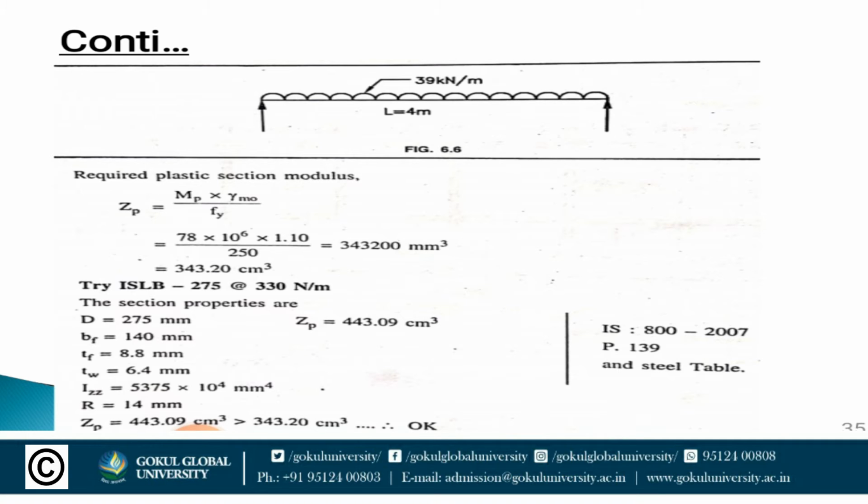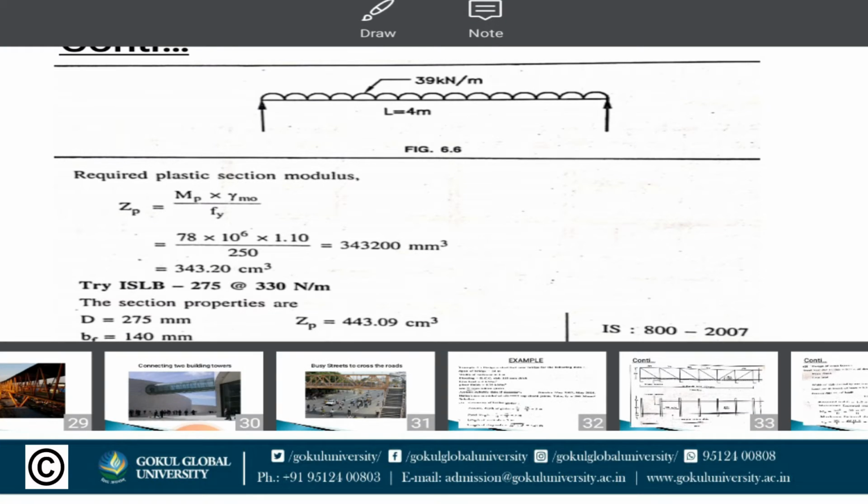According to ZP we choose one section, like try ISMB 275 at the rate 330 Newton per meter. This section is identified from the IS 800 2007 page number 139, otherwise from the steel table. Then write down all the data given in the code.